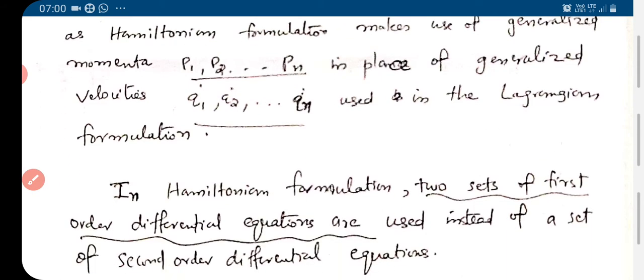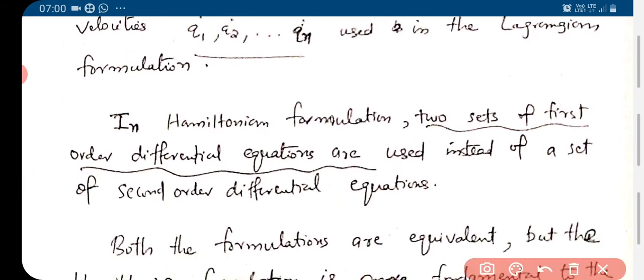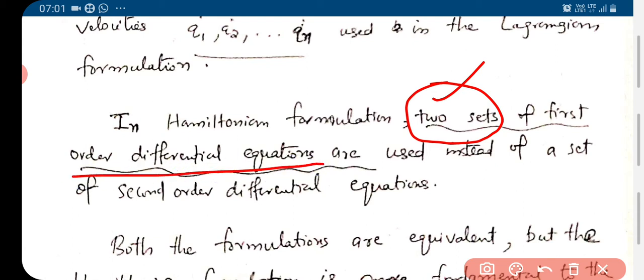Equations of motion in this case are two sets, very important, two sets of first order differential equations.